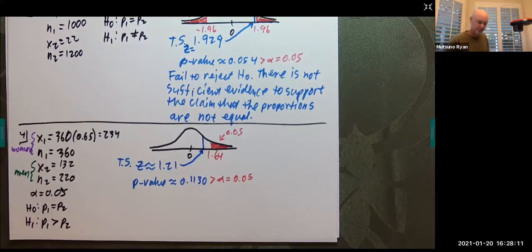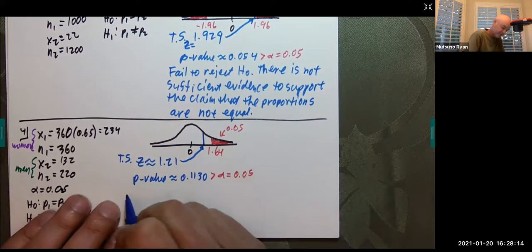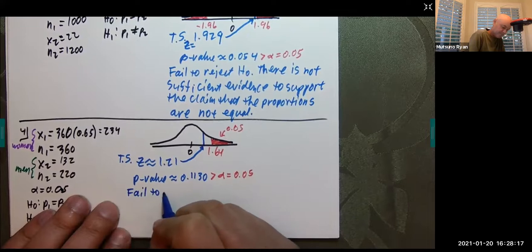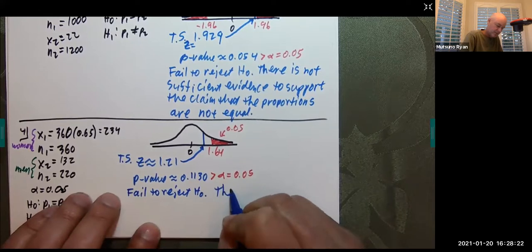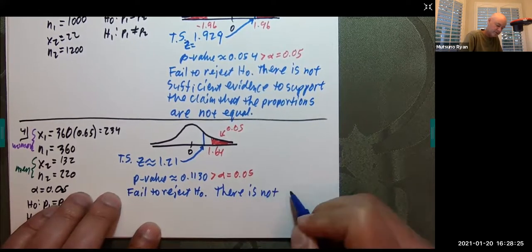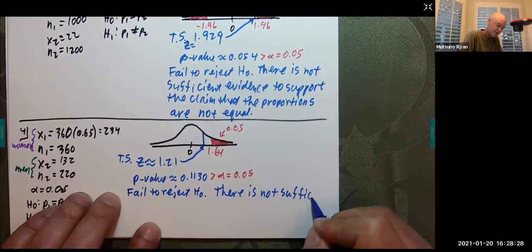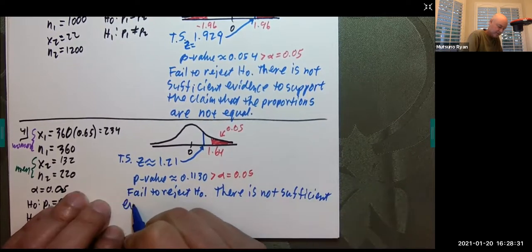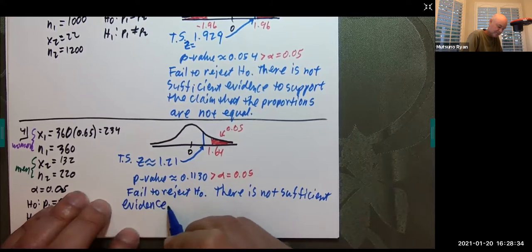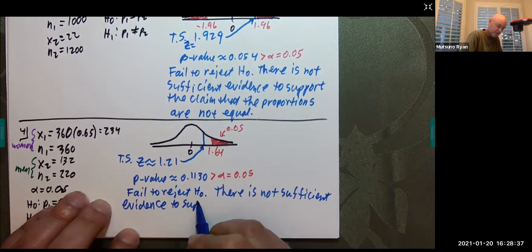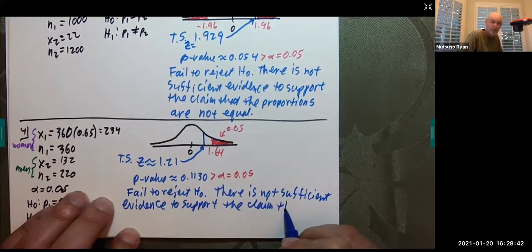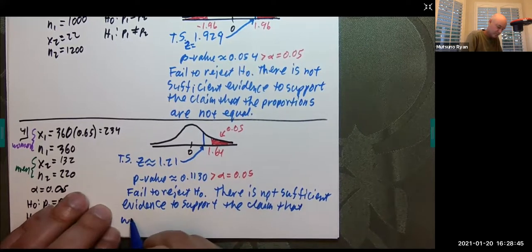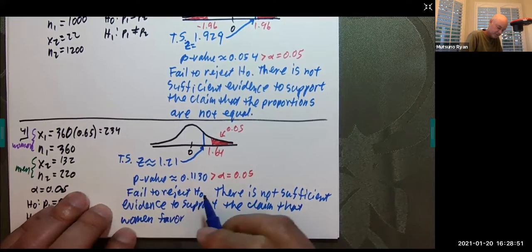So our conclusion is fail to reject again the null hypothesis. There is not sufficient evidence to support the claim that women favor stricter gun laws.